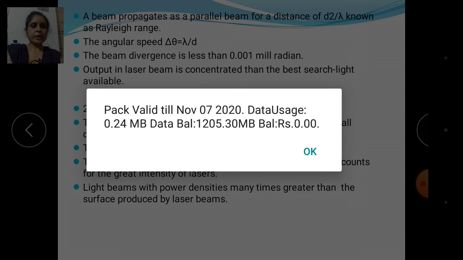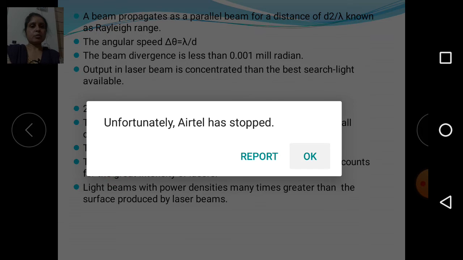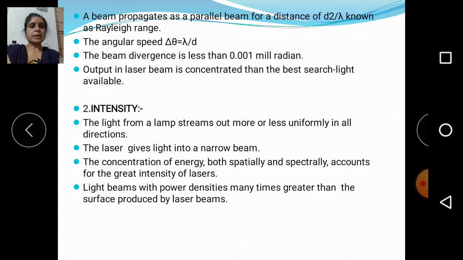So the laser is approximately a concentrated source, both spatially and spectrally, which gives the great intensity of laser light.